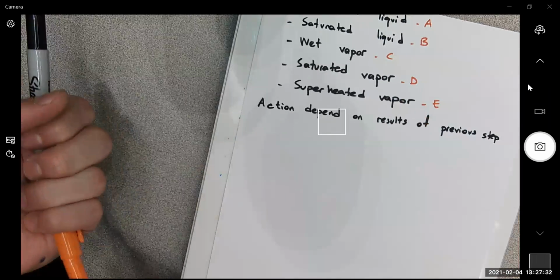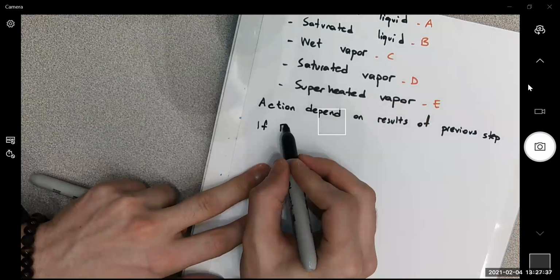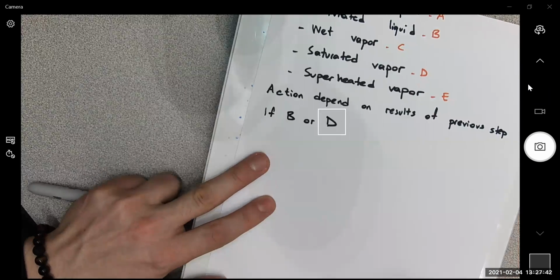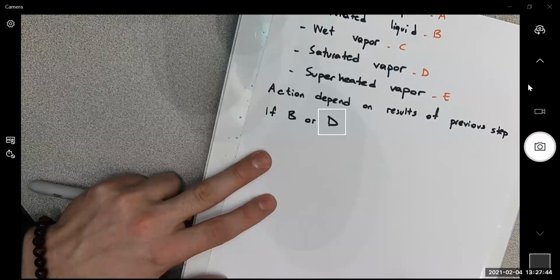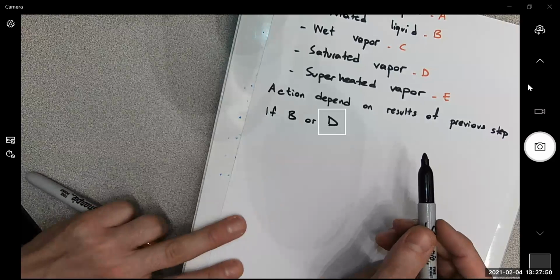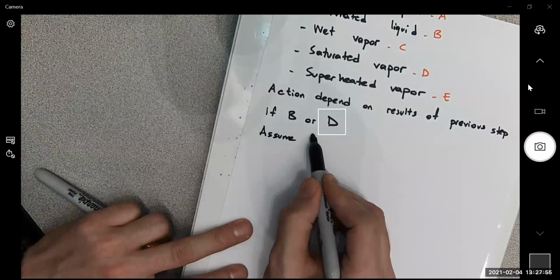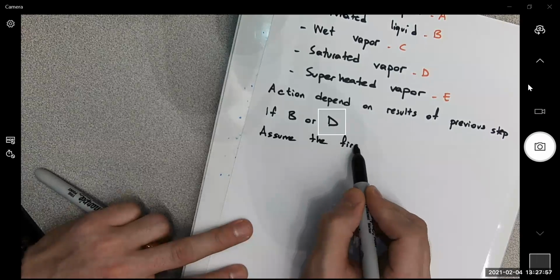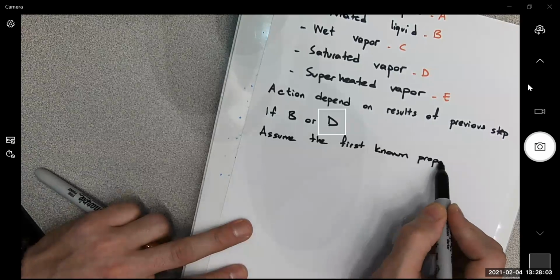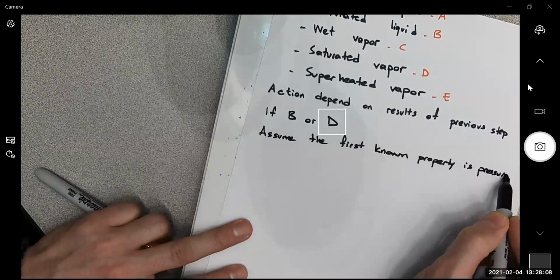If it is B or D, a saturated liquid or saturated vapor, assume the first known property is pressure.